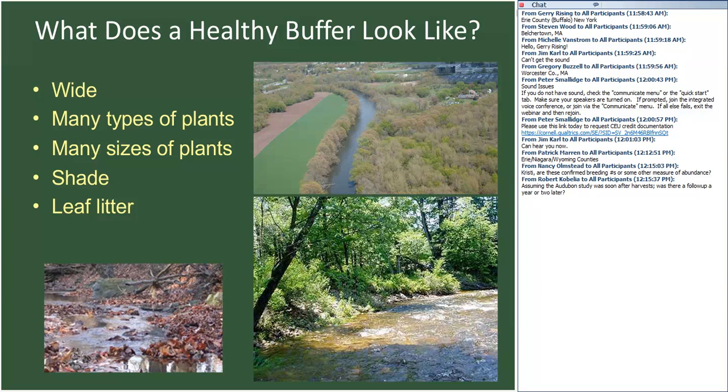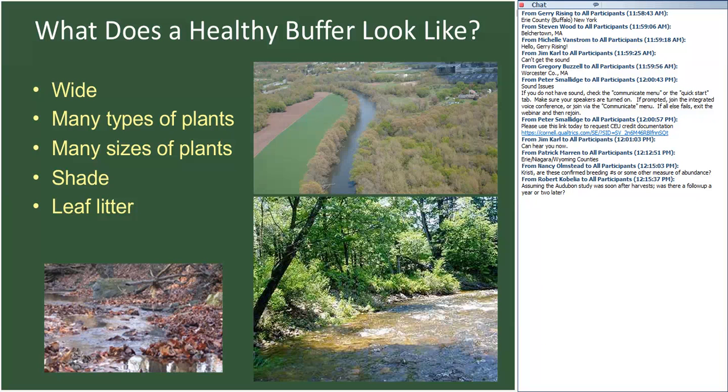Even narrow buffers are very important for protecting streams from erosion, and can provide some habitat benefits. But for wildlife, the wider you can allow, the better. Not everybody has the luxury of being able to do that, though. Healthy buffers tend to have many types of plants. If you can have a diversity of structure within the buffers, that's excellent.